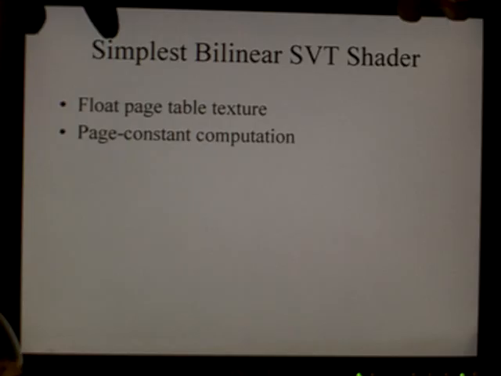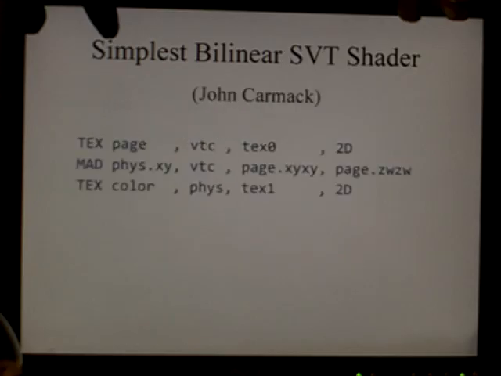You can fold all that computation together, and it's possible to actually get rid of the fract function, and everything else is pretty much just multiplies and adds. So it turns out if you collapse all that math down, you can end up with just one multiply add. You sample your page table entry, and that page table entry now has exactly the numbers that you happen to need in the pixel shader to do this multiply add. So you multiply add on your virtual texture coordinates to produce the physical texture coordinates, and you can immediately address your physical texture other than the actual dependency delay.